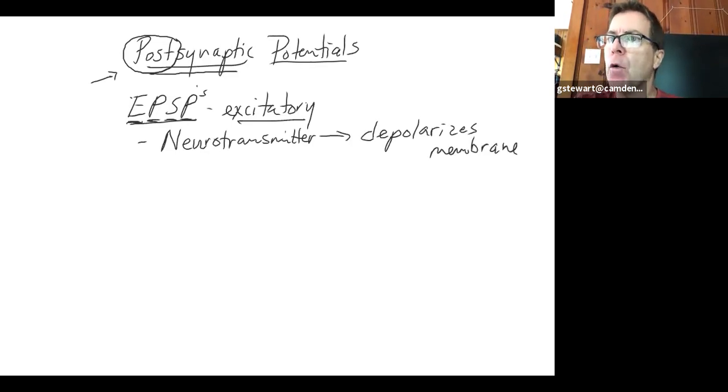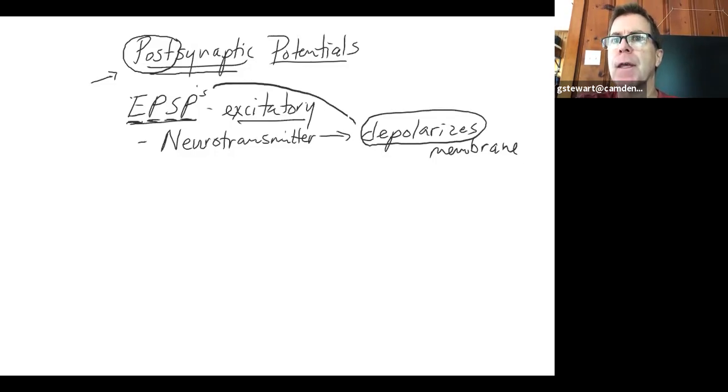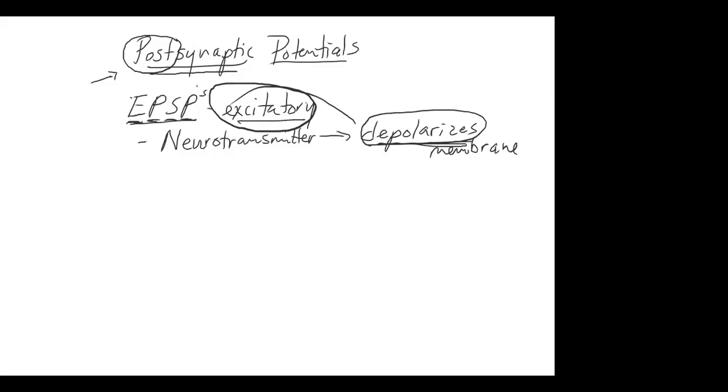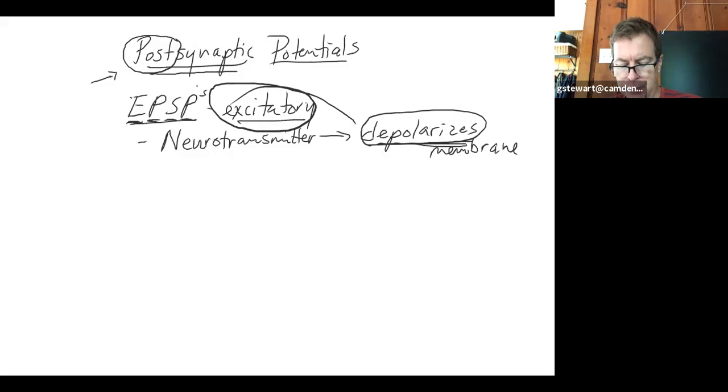So always equate depolarizing with excitatory, okay? Step one. And you know most of the rest of this story. Sodium and potassium diffuse in and out of the cell through a chemically gated ion channel. A net depolarization occurs, first a graded potential, and then if threshold is reached, an action potential is generated in the postsynaptic cell.